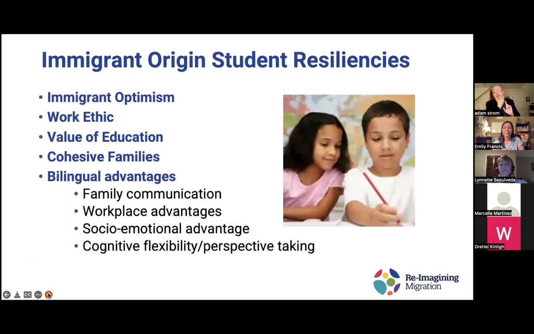But kids are not deficits, right? There's the other part of the story. So again, speaking in broad terms from Carola's work as a psychologist, it's not my research, hers, but I think you'll recognize this, right? There's an optimism that is part of immigrant experience in the United States, right? People may not have always wanted to come.